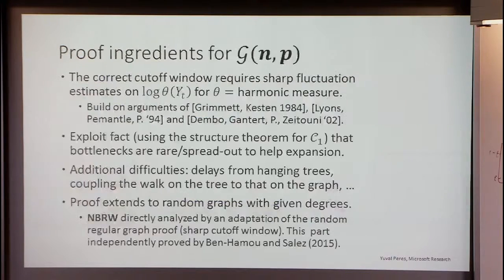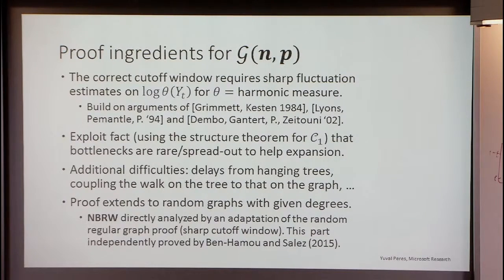So here I should really mention something about non-backtracking walk in this random setting. So we talked about it in the Ramanujan case, but one can also look at non-backtracking walk in the random case. It's easier to analyze in the random case than the simple random walk, and it basically can be analyzed by an adaptation of the proof from the regular graphs case.